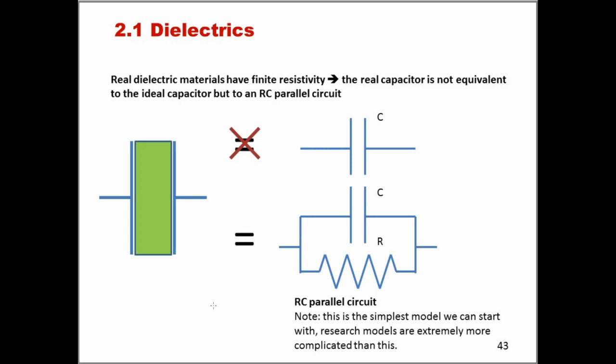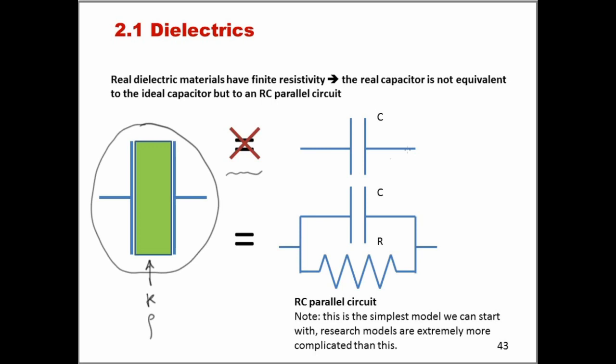So a real capacitor with a real dielectric material in between will have a finite resistivity, so it will be characterized by a certain K value, a relative dielectric constant, and a certain finite resistivity.